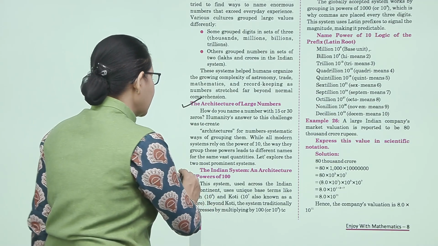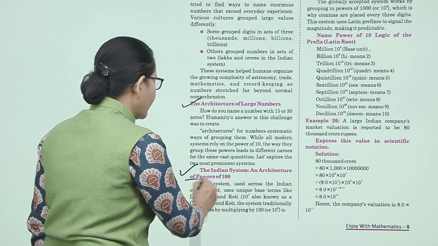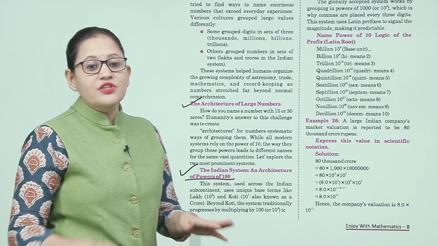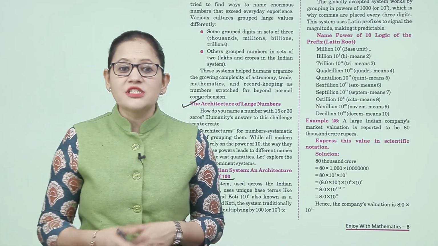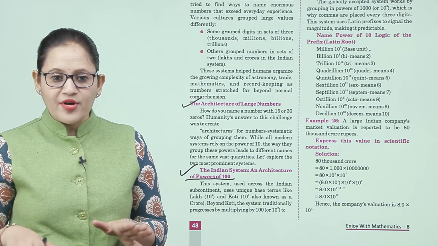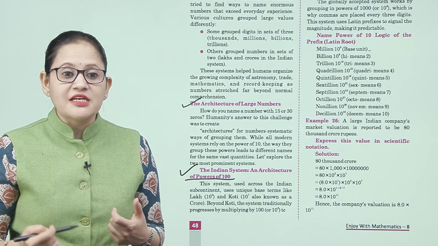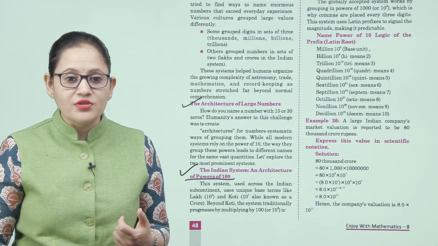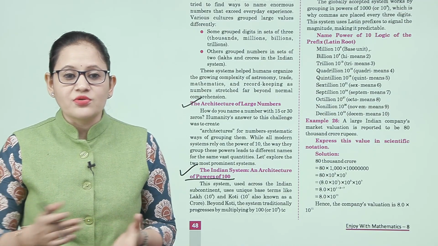Let's explore the two most prominent systems. First is the Indian system, an architecture of powers of 100. This system is used across the Indian subcontinent, with unique base terms like lakhs and kotis, also known as crores.